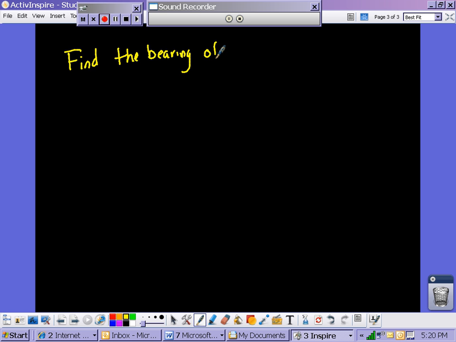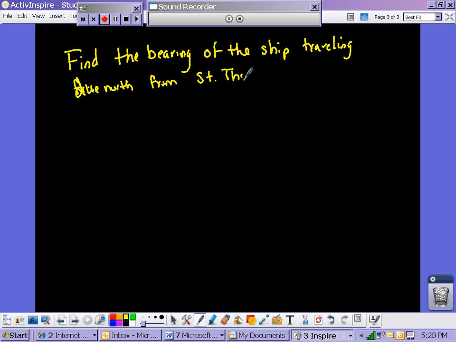Find the bearing of the ship traveling due north from St. Thomas. Okay. So I'm going to give you the figure, and then you're going to tell me what the bearing would be. So this is given to you. All of this is given.